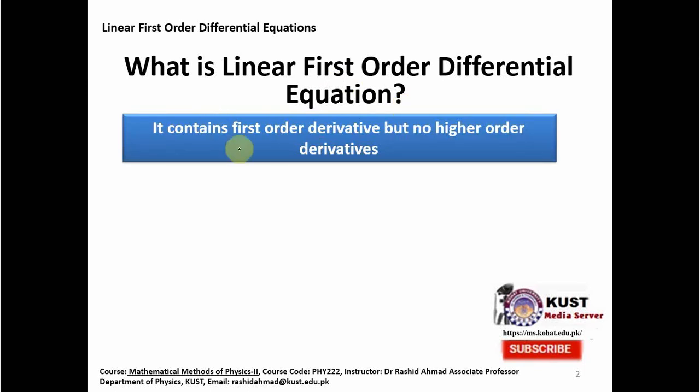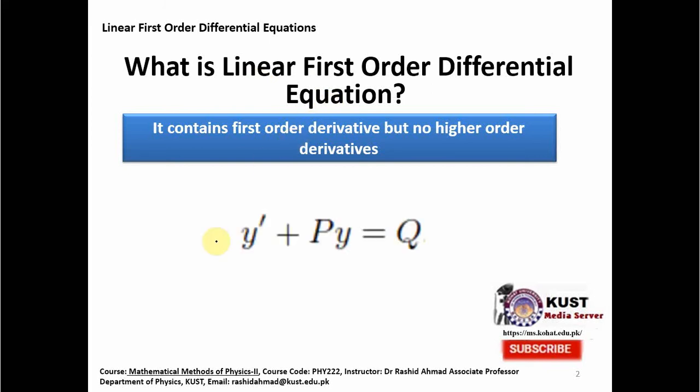So it contains, as I have defined here, the first order derivative but no higher order derivatives. For example, second order or third order derivatives are not involved in these equations. These are the simplest equations, where we just have the first power or the first derivatives involved in the equation.